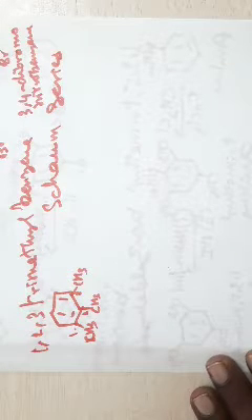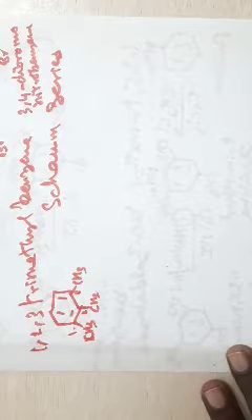How can you synthesize this 1,2,3-trimethylbenzene? We know the Friedel-Crafts alkylation reaction is employed for the alkylation of aromatic compounds. But here the target molecule is 1,2,3-trimethylbenzene. The para position is not substituted; the para position is free.